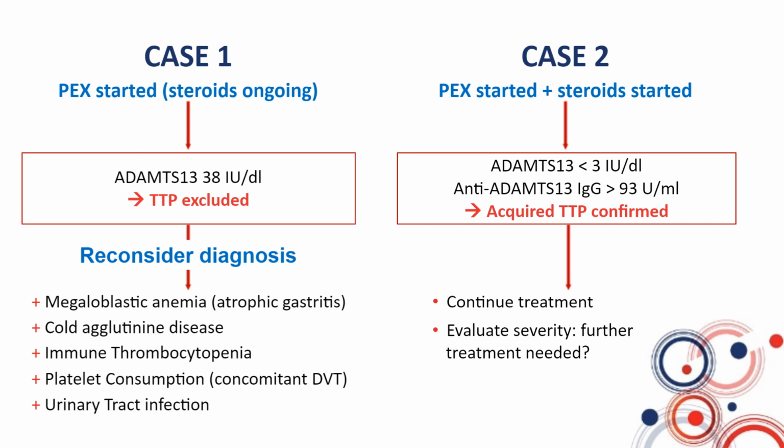However, there is a lot of information reported in the guidelines of TTP for both diagnosis and treatment. I would like to invite you to read these papers because I think they are very informative, and it was a really big effort from the ISTH to prepare these two guidelines.